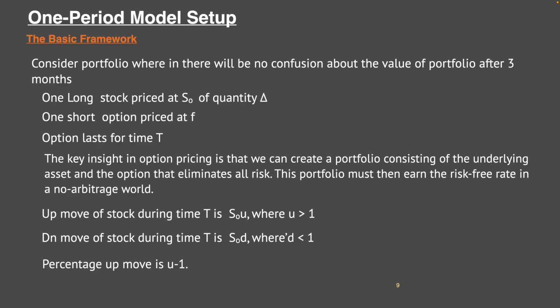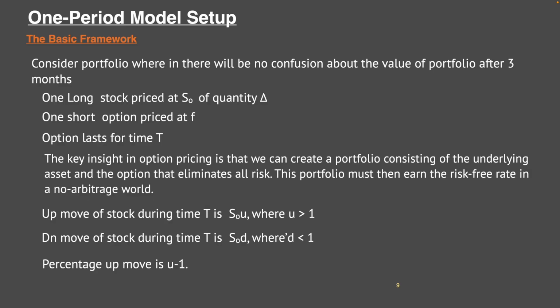Suppose we take U, being greater than 1, as 1.1. Now U minus 1 will become 0.1. So 0.1 is the percentage up move. That is, the percentage up move will be 10%. I hope you understood. If we are considering U as greater than 1, and suppose you assume U equal to 1.1, then U minus 1 will be 1.1 minus 1, which is 0.1.